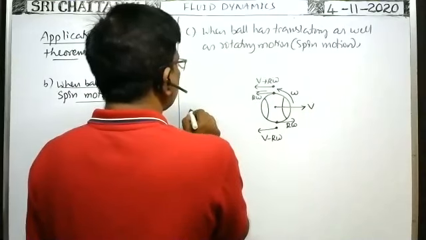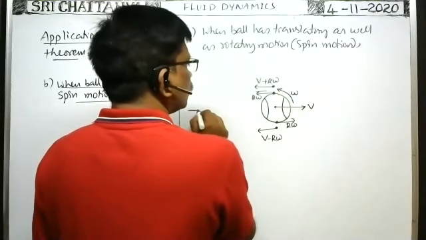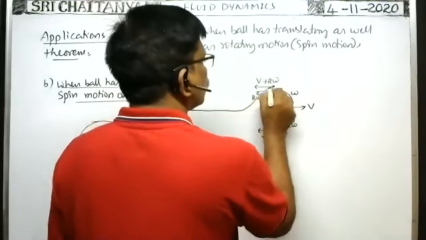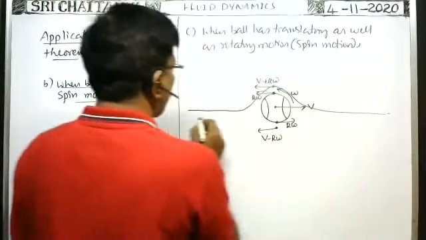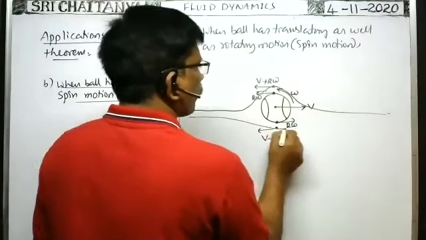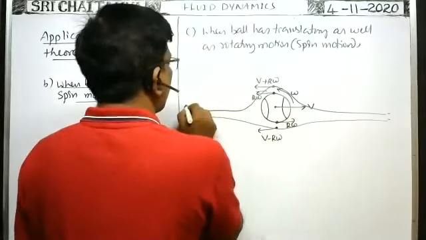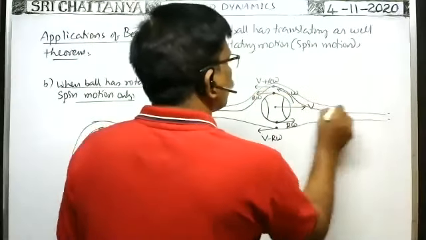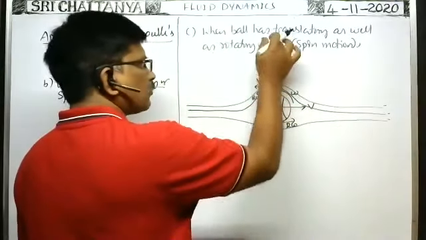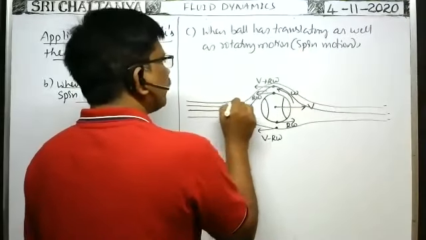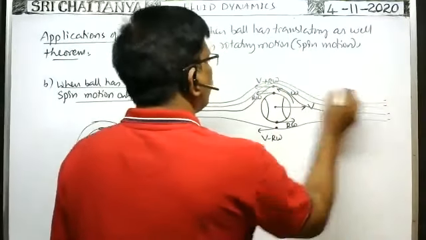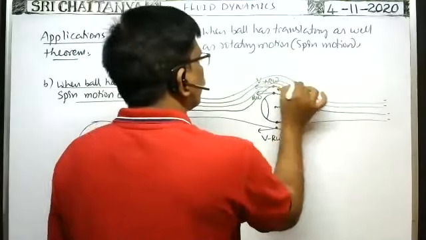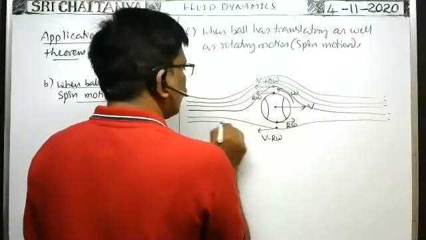Because of spin motion as well as translatory motion, the velocity of the air particles above the surface of the ball becomes greater and below the surface of the ball becomes smaller.